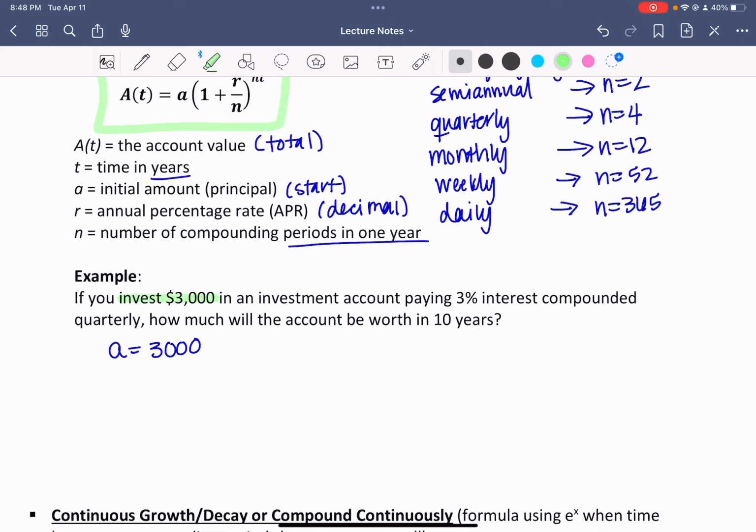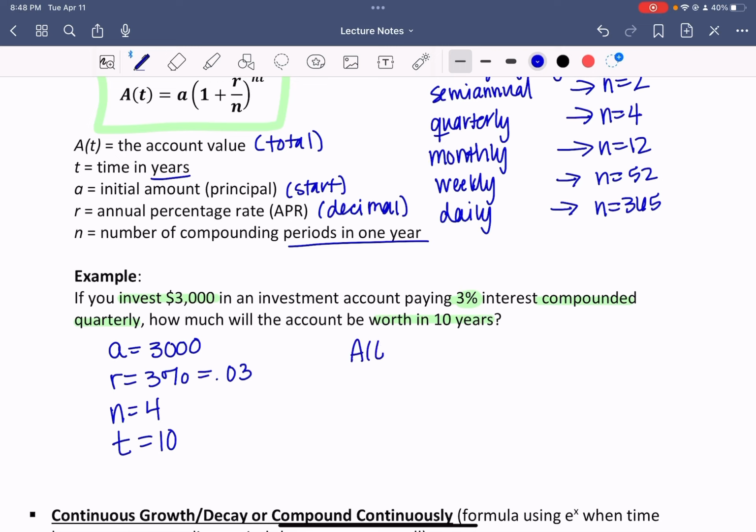Then it says an account paying 3% interest, so our rate is 3%, but remember you've got to change that into a decimal, so that gives me 0.03. It says compounded quarterly, so it's a cue that I'm going into this formula, and it also gives me that N is equal to 4. And lastly, it says how much will it be worth in 10 years, so that gives me a T value of 10.